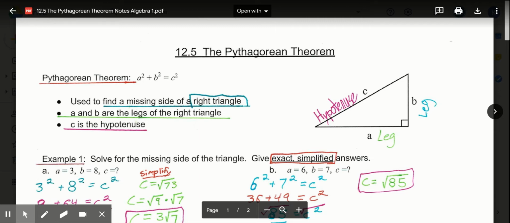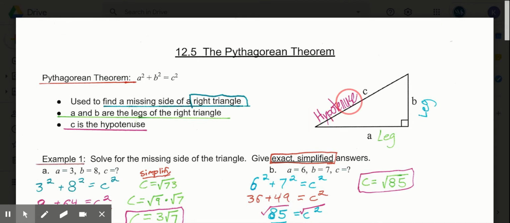C is always the hypotenuse of the triangle, and the hypotenuse is always the longest side, and it is the side opposite the 90-degree angle.